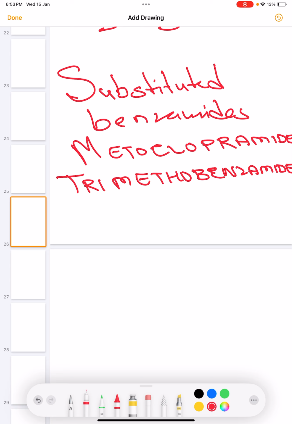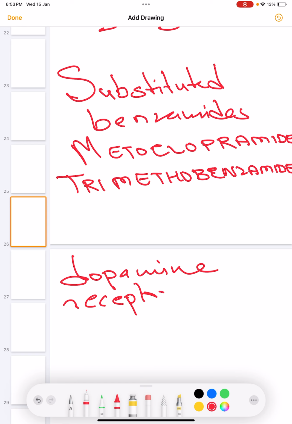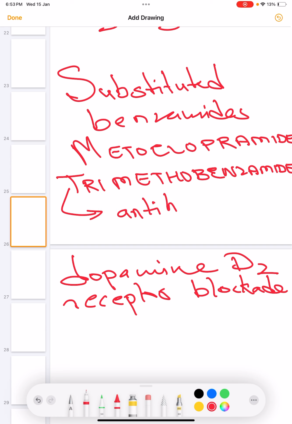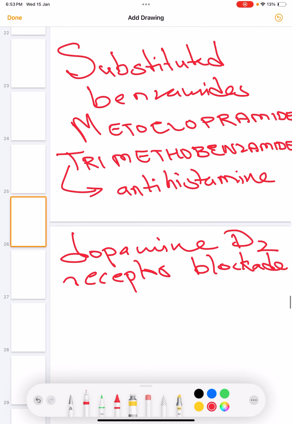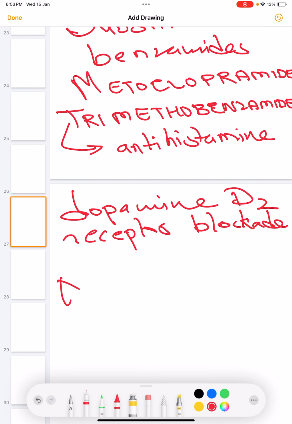The main mechanism of action is dopamine receptor blockade, that is D2 blockade. So D2 blockade is responsible for their antiemetic action. Also, trimethobenzamide has weak antihistaminic property also, which contributes to antiemetic effect. Now this metoclopramide we will discuss in slight detail.